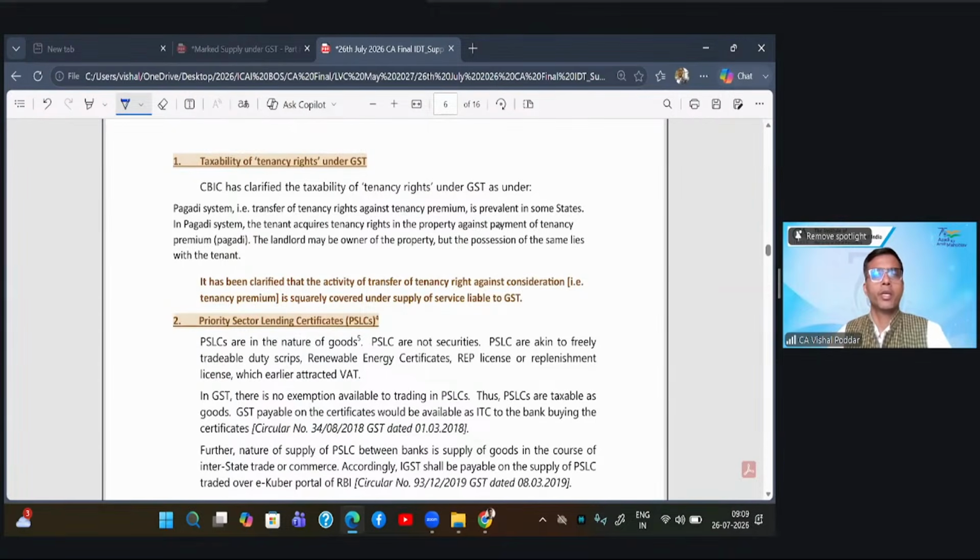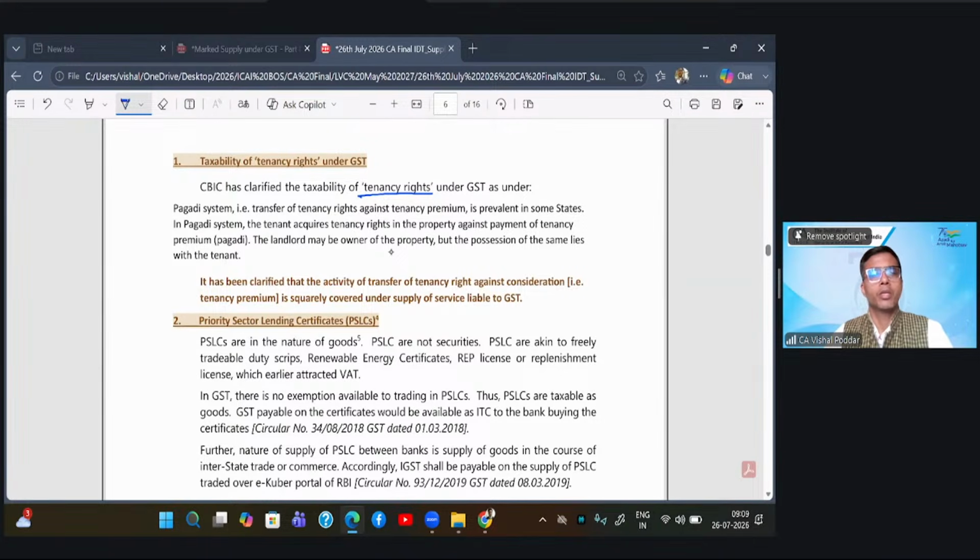Now relating to this, there are some clarifications and circulars issued. First is the transfer of tenancy rights. Now what are tenancy rights? See students, in many places, if I have to give you the example of Bombay, the land or the properties over there are not sold. They are given on a very long-term lease.